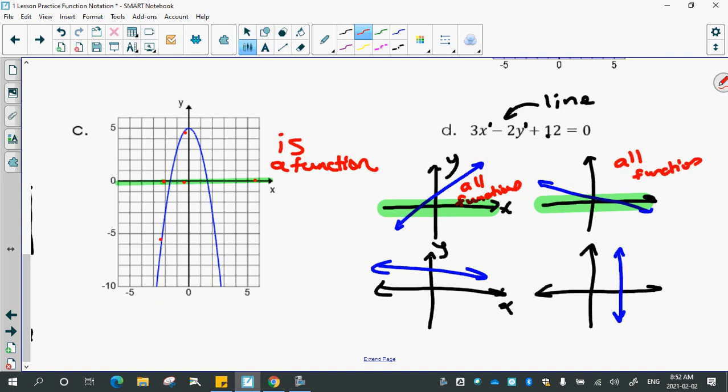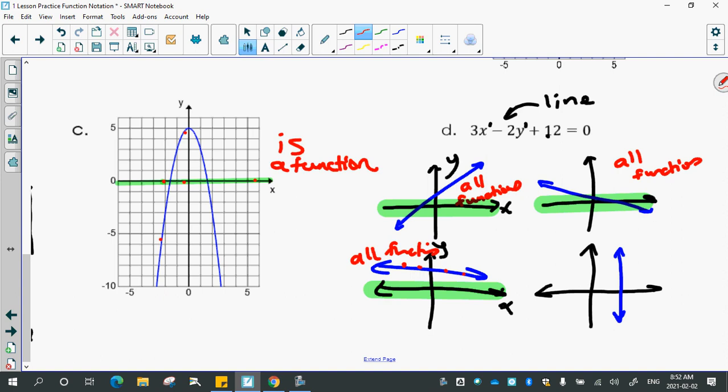How about horizontal lines? Are they all functions? So every x value has just one y value. It's always the same y value, but every x value just has one y value. So they're all functions. How about this one?